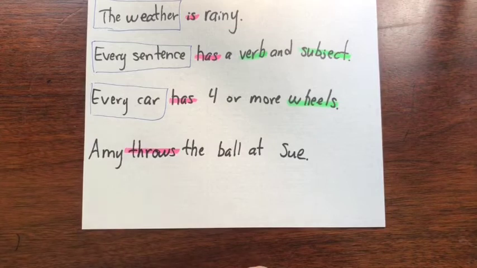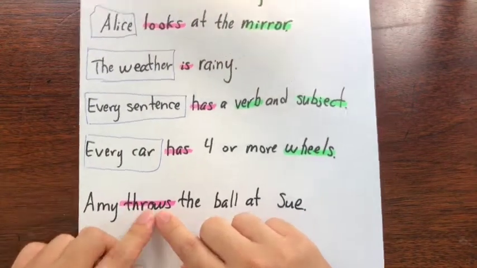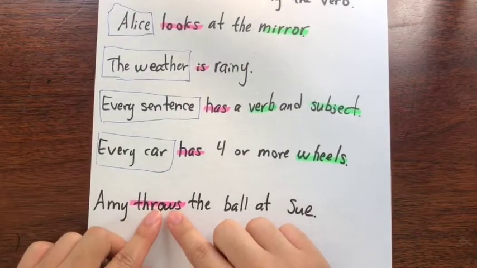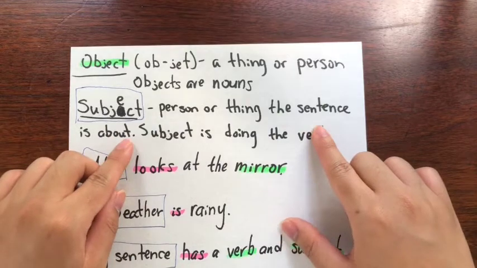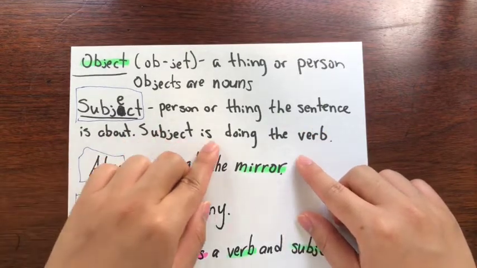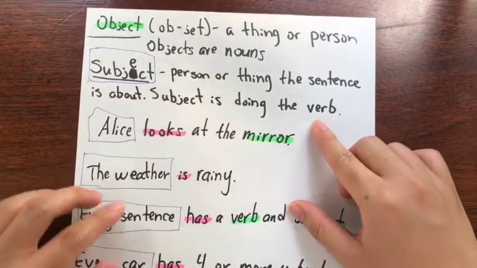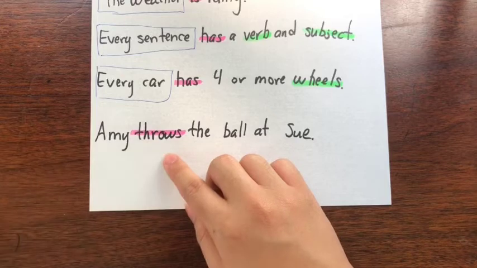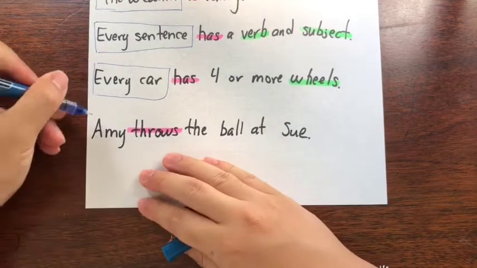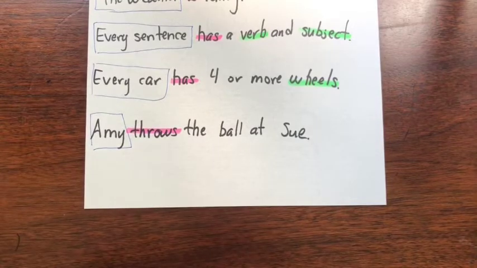Amy throws the ball at Sue. The verb is throws. Okay? Let's find the subject. The subject is the person or thing the sentence is about. The subject is the one doing the verb. The subject is doing the action. So, throws. Who is throwing? Amy. Amy throws. So, Amy is the subject.